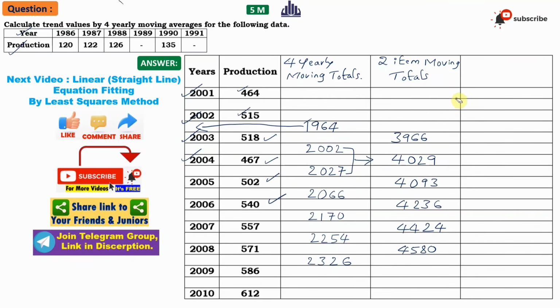Okay, now 4 yearly moving averages are being asked in the question, isn't it? 4 yearly moving averages are asked. So now at last, 4 yearly moving averages we have to calculate. Or it can be referred to as trend values also.